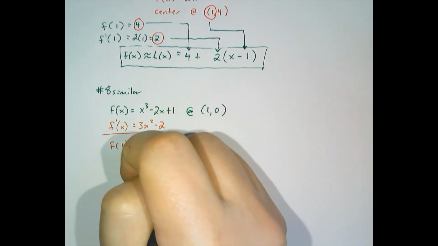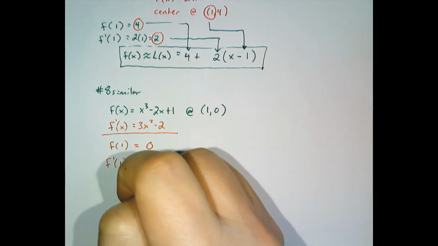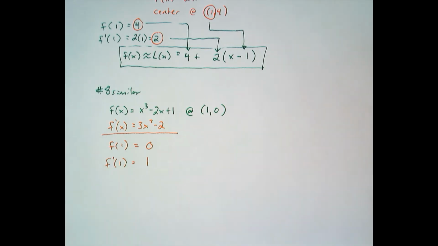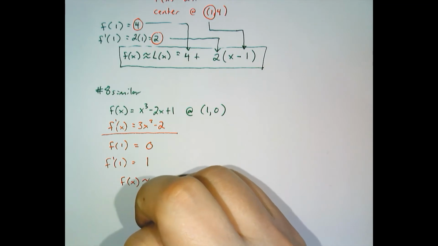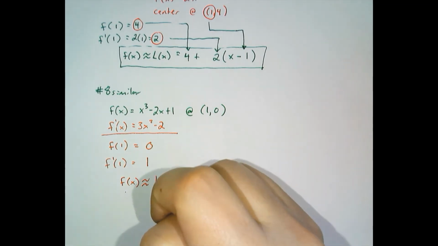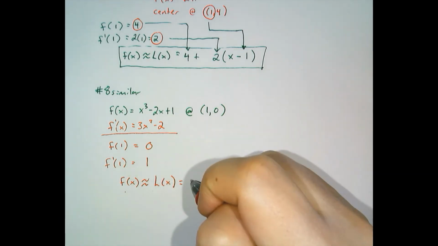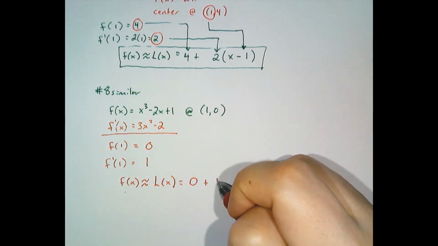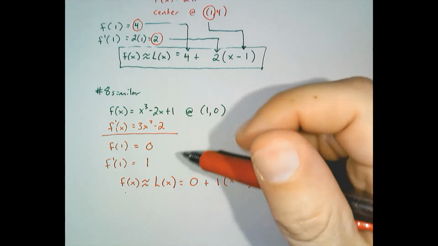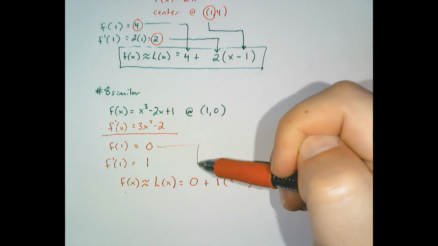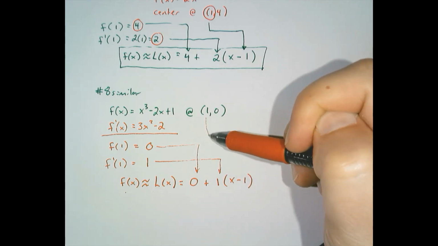F of the center is 0. F prime of the center is 1. And then we can create our tangent line equation. The function is approximated by a tangent line, which is f of the center plus f prime of the center times x minus the center. Okay? And I'll draw the arrows so you can again see where those numbers come from.